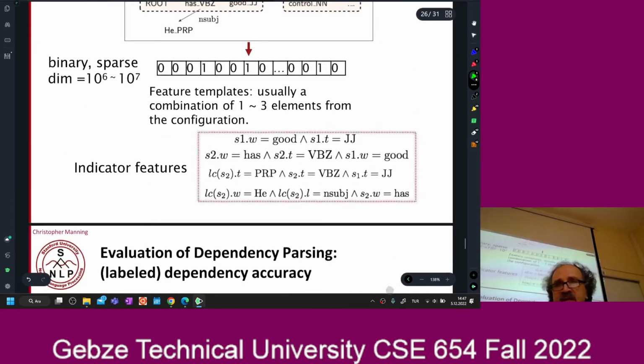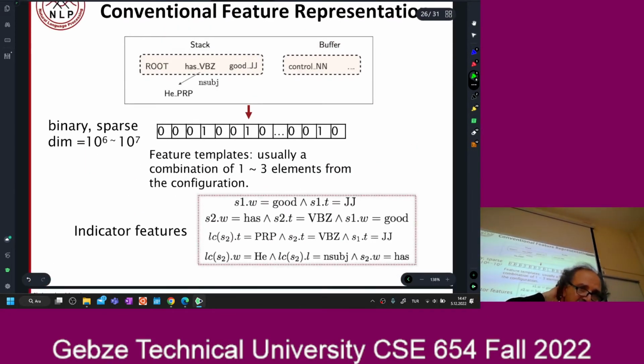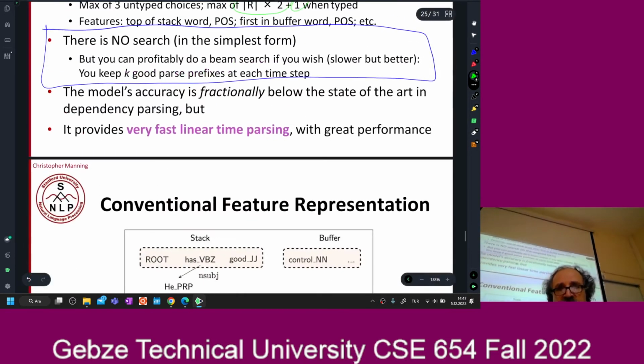So that's how it's going to work. Again, it's a greedy algorithm. It very much depends on the success of the machine learning classifier that you have, but it says that it is good enough. Great performance, linear time parsing.